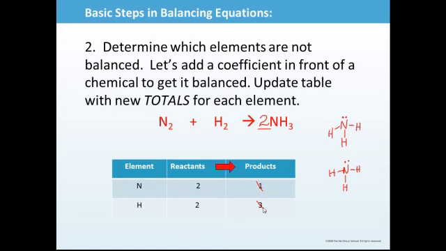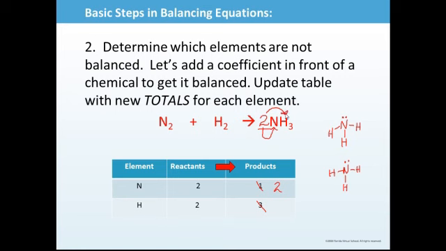I have now changed the total number of products for nitrogen and hydrogen because molecules come in whole numbers. If we need more nitrogen, we're going to end up having more hydrogen, but that's okay. So I have a total of 2 nitrogens. We're going to multiply that 2 times nitrogen, and that 2 also gets multiplied to hydrogen.